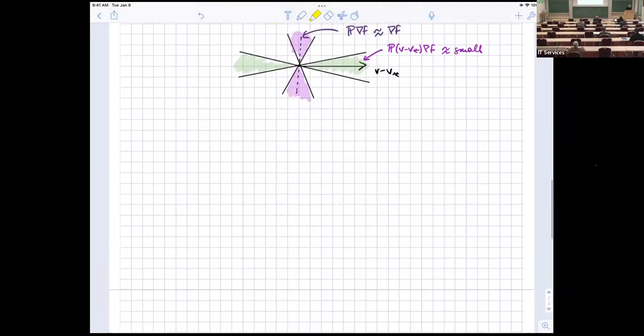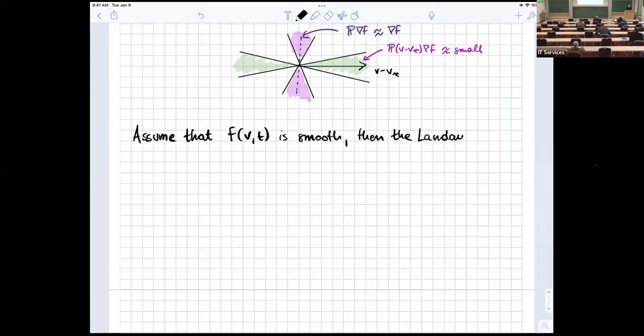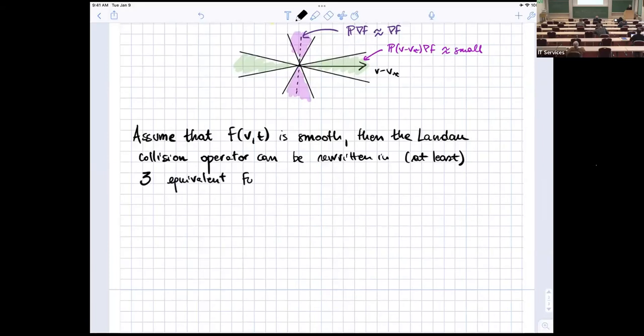Assuming that f of v and t is smooth, the Landau collision operator can be rewritten in, at least, for me the most important ones, 3 equivalent formulations.